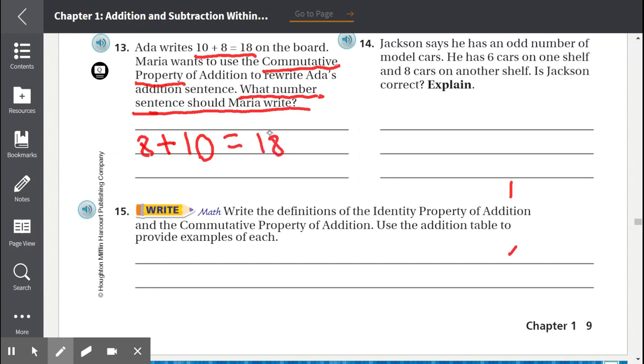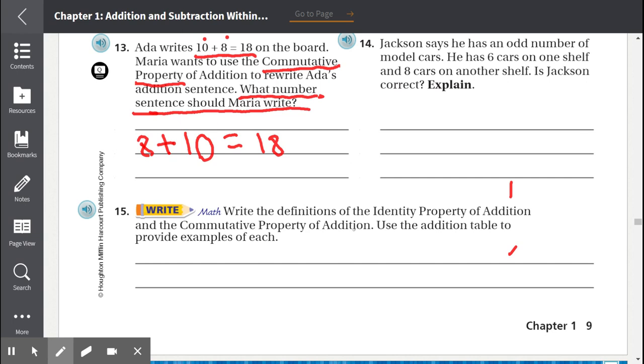So all we did was switch the numbers 10 and 8. We switched those two numbers and we got 18 because all we did was switch the numbers. So 8 plus 10 equals 18.